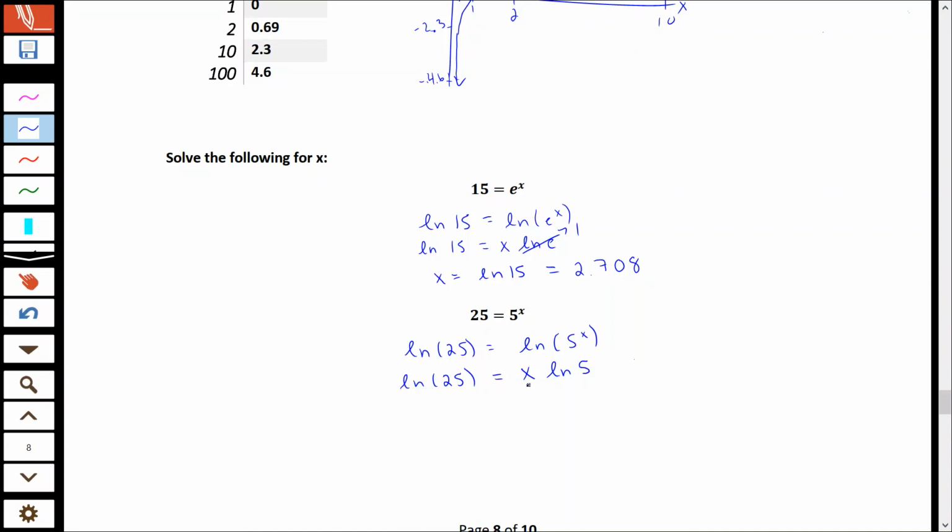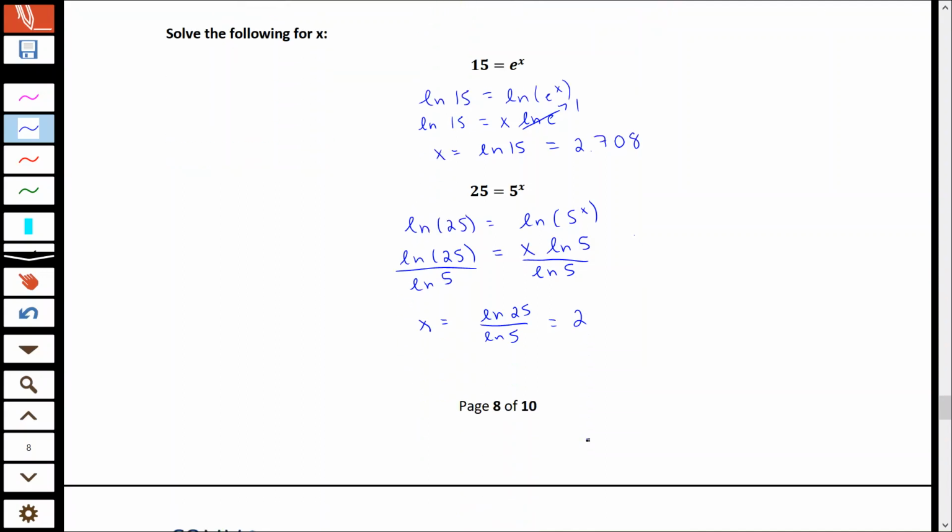I can solve for x by dividing both sides by ln 5. So x is going to equal ln 25 over ln 5, which again are just terms that can go into your calculator. If we take ln 25 and divide it by ln 5, we're actually going to get x equal to 2.